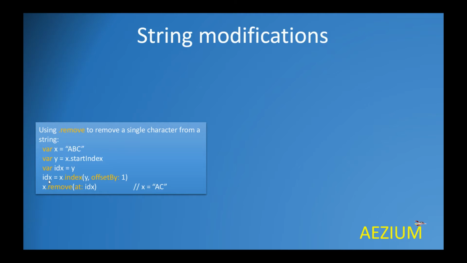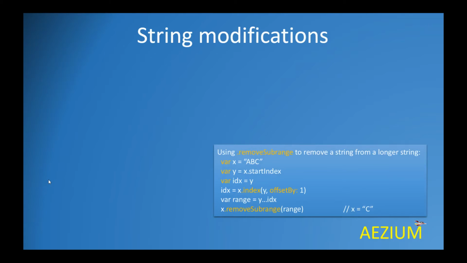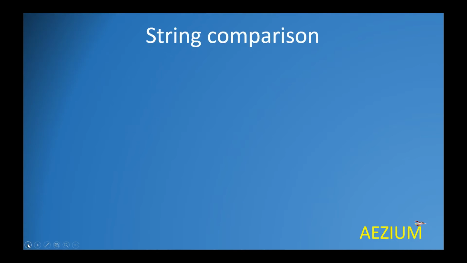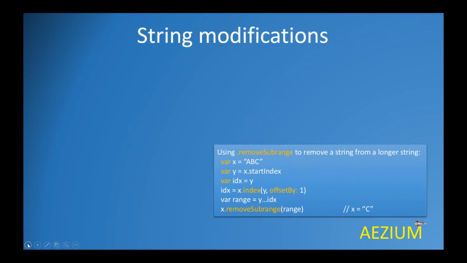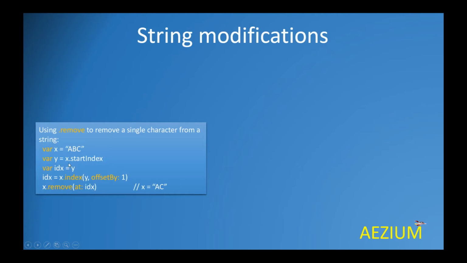As a matter of fact, it is not necessary to do this assignment. We could just omit this assignment here. So we could declare idx here and set it to this value, which is equal to 1.